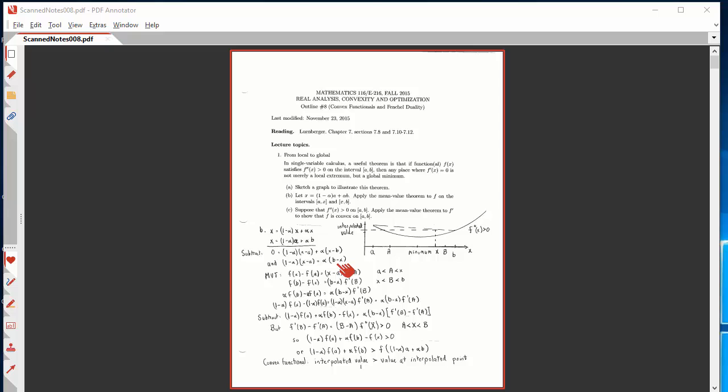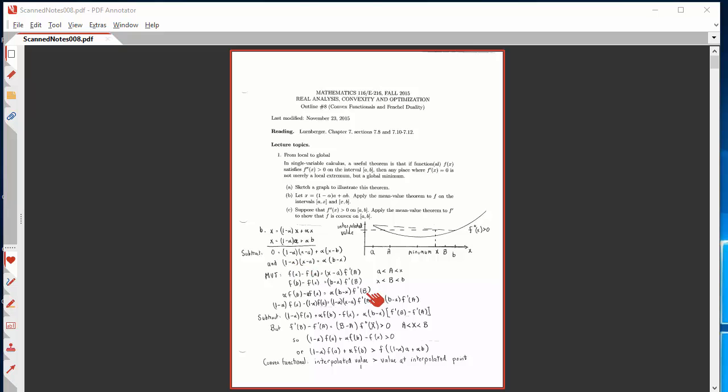This is not rocket science. In this example, alpha is large, b minus x is small. That's the right-hand side. And on the left-hand side, x minus a is large, but 1 minus alpha is small.